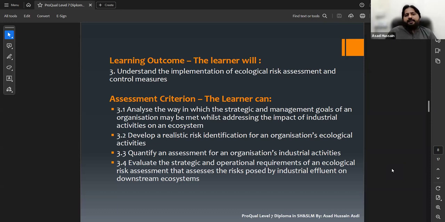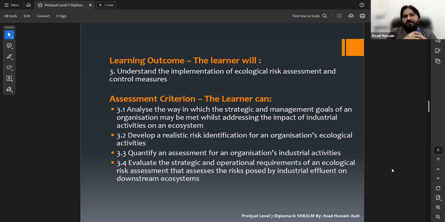Basically, an analysis is required on the way that strategic and management goals of an organization may be met while addressing the impact of industrial activities on the ecosystem.